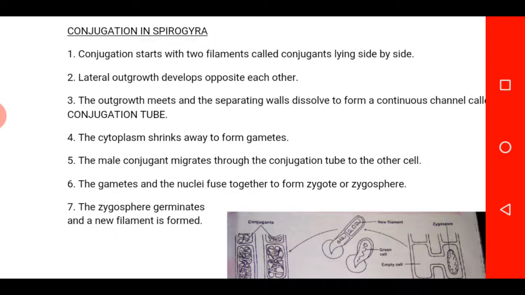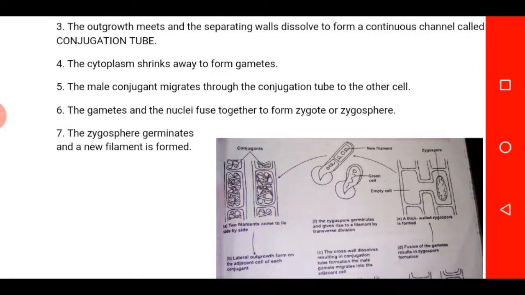After this, the cytoplasm inside each of these cells will shrink to form a gamete. When this gamete is formed in each of them, one of them will be referred to as the male gamete, while the other will be referred to as the female gamete.